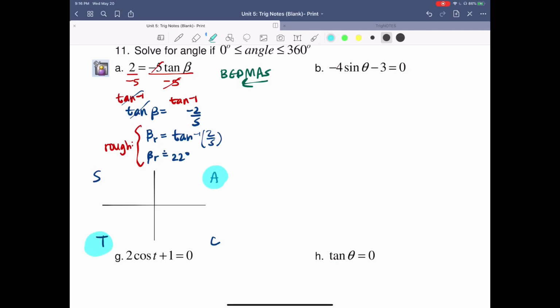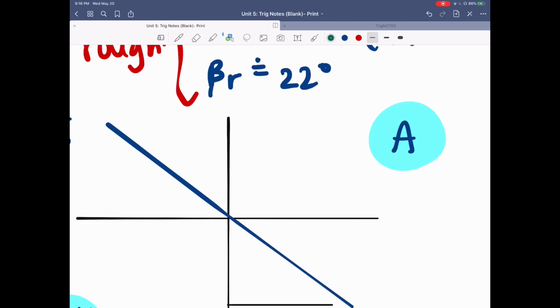Well, this is where my tan is positive, but according to this negative part, I need to draw my terminal arm so that it is not in those blue quadrants, but it is here instead. And after that, I have to be super careful that I draw my related acute angle so that it's with respect to the x-axis.